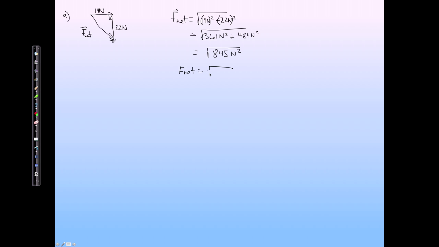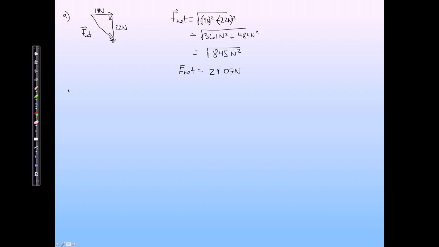Let's actually take the square root. F net equals 29.07 newtons.